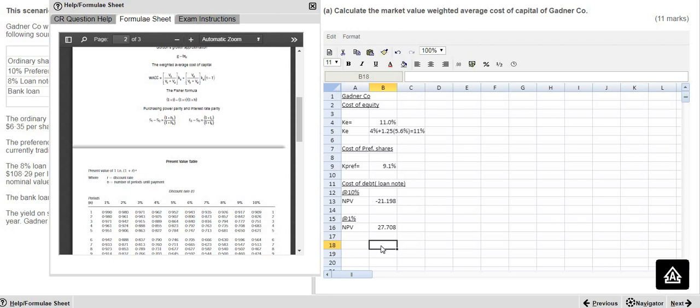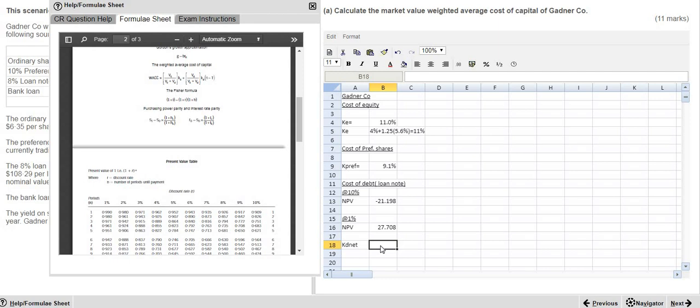Now I can calculate my IRR, which is my cost of debt, KD net. Now I'm going to put in the IRR formula.